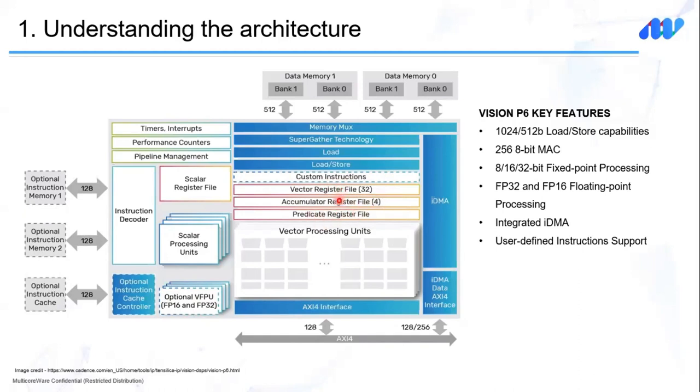Utilizing these registers efficiently can enhance the algorithm performance and resource utilization. Next is load and store components. The P6 architecture includes a load store engine and a super gather engine. Understanding these components can help in optimizing data movement and accessing data from different memory locations efficiently. So these are some of the components to look out for in any architecture before diving into hands-on optimization.